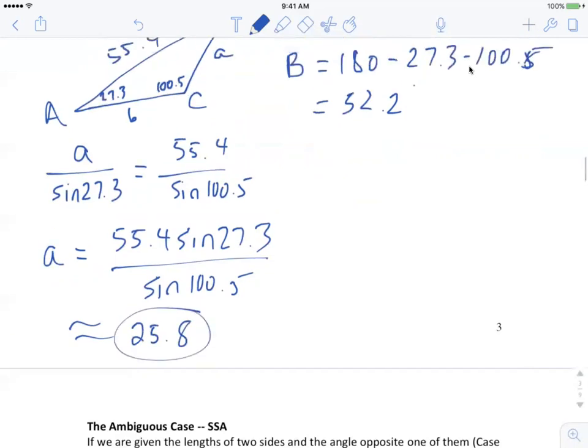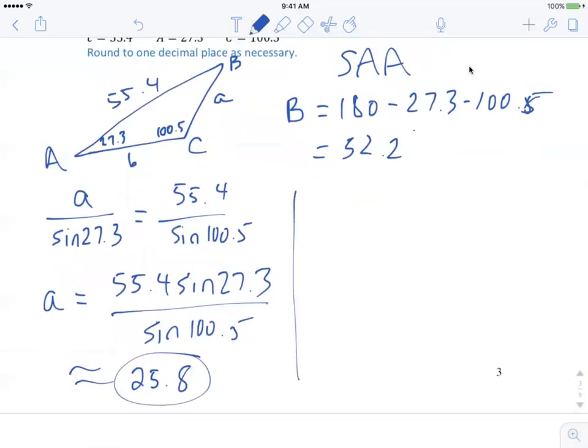Okay, one more. Let's see, we got A, now we need B, right? So we're gonna again start off with what we're looking for, B, and that's gonna be over the sine of 52.2. And then let's use the C again, that's the one that was given, 55.4 over sine 100.5.